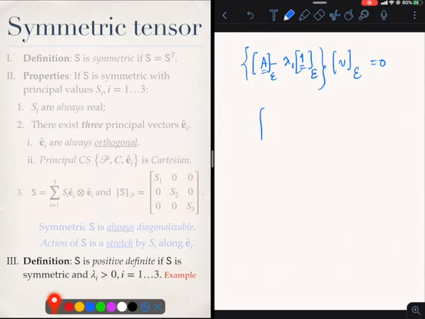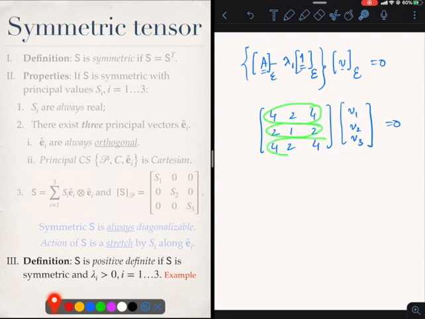When you do this, you will get this matrix equation: (4 2 4; 2 1 2; 4 2 4) times the components of V, V1, V2, V3, and this should be equal to 0. Clearly all these rows are the same.